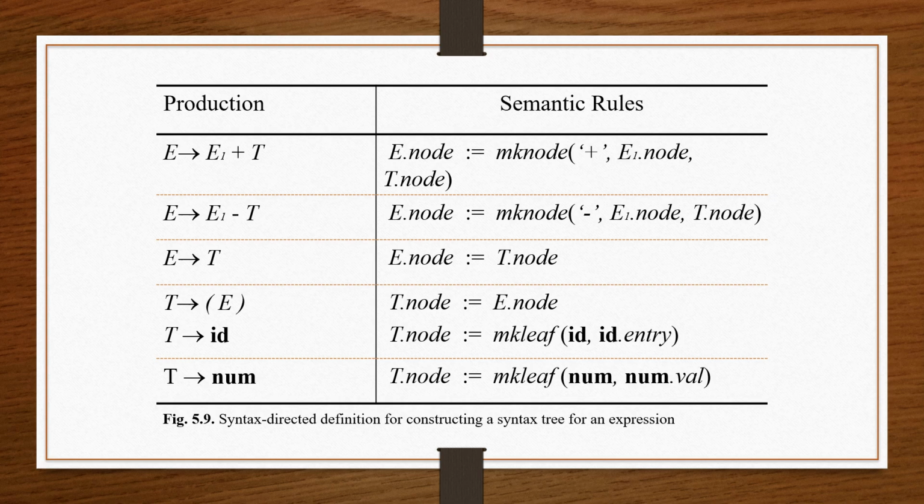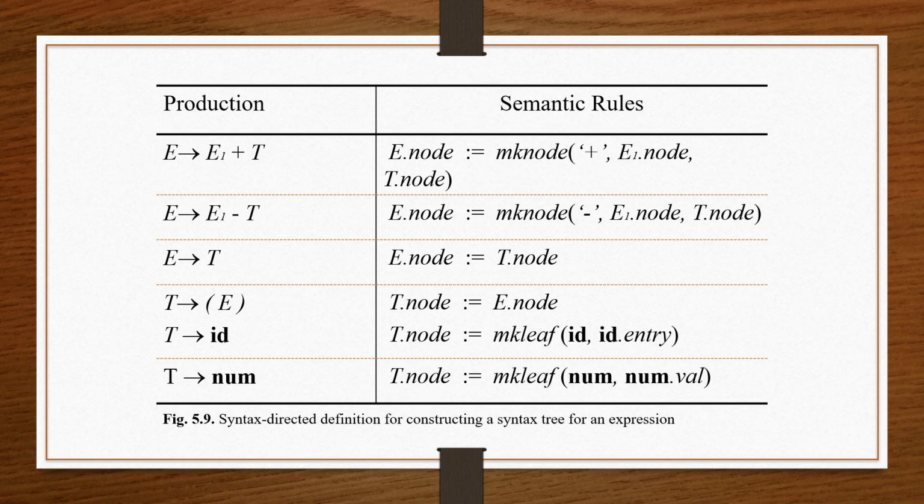Similarly, no node is created for production 4, T derives a bracketed expression. The value of the T node is the same as the E node, because the parentheses are used only for grouping here. They influence the structure of the parse tree and the syntax tree, but once their job is done, there is no further need to retain them in the syntax tree.